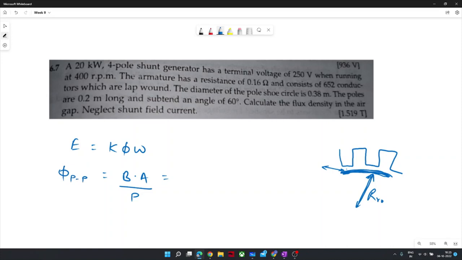So this area I am talking about, you can say pole arc into stack length. A stack length is generally in the axial direction.